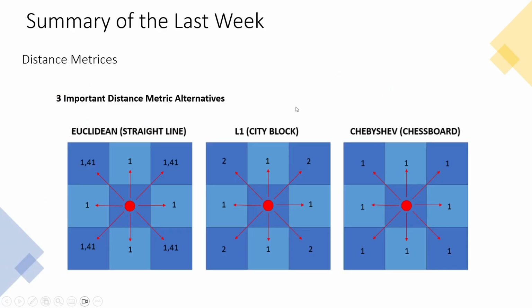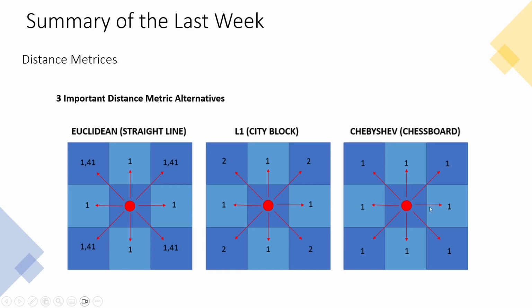If we are using Euclidean distance, then the distance to go in these directions is 1, and if you want to go diagonally, the distance is 1.4. If you are using city block distance or Manhattan distance and want to go diagonally, the distance is 2, because you need to go here and then here, or here and then here.